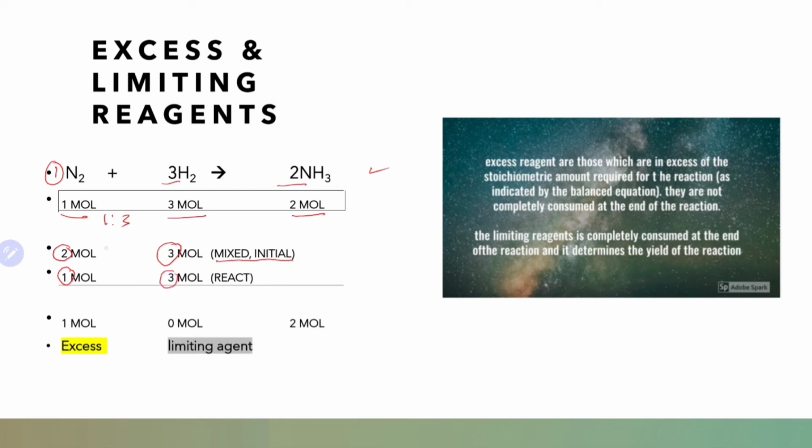Then, when we mix 2 mole of N2 and 3 mole of H2, the nitrogen will be in excess by 1 mole. Why? Because what is needed to react with 3 mole of H2 is only 1 mole. So when we mix 2 and 3, there will be an excess of 1 mole of N2.